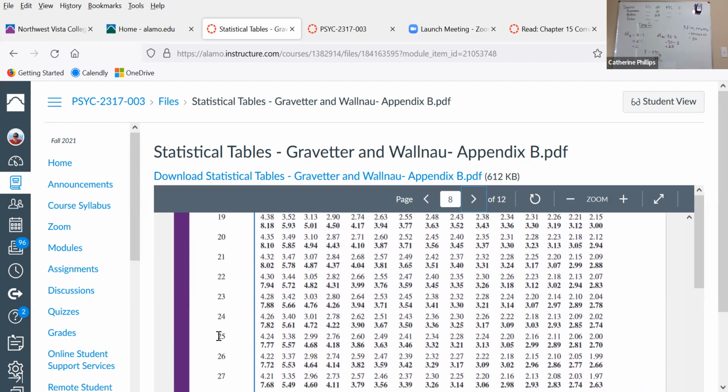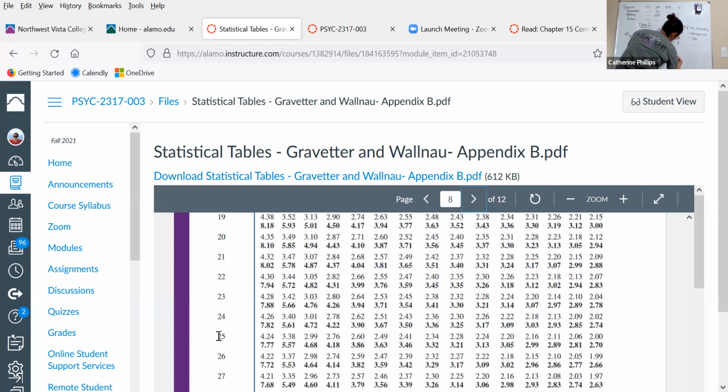And so we're going to scroll down, and what you see is in each row, there's 2 sets of numbers. There's the light face font and the bold face. The light face is alpha 0.05, and the bold is alpha 0.01. So our critical value for 2,27 is 3.35.